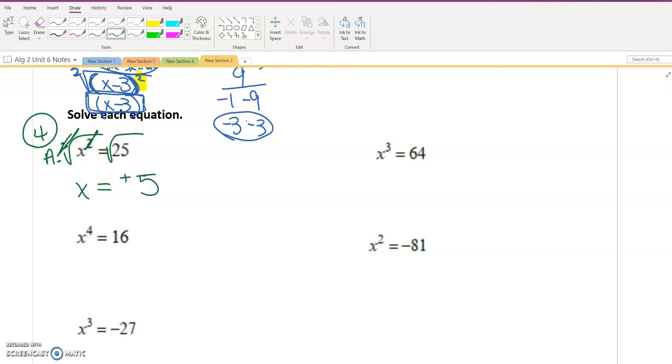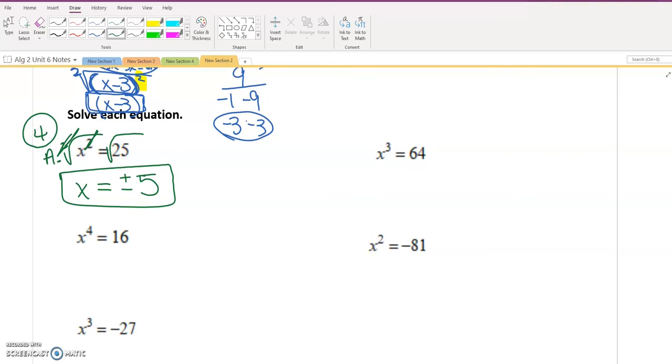But what else will also multiply to a positive 25? Negative. So it could be a plus or minus 5. Because positive 5 times positive 5 is a positive 25, but also a negative 5 times a negative 5 is a positive 25. So we'll talk about that here in just a little bit at the end. But realize now we're going to have to look at all the possible solutions you could get for it.